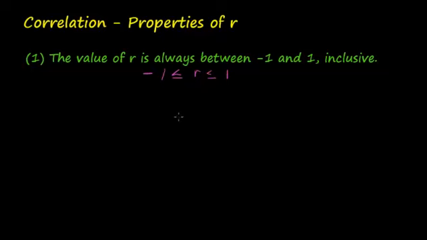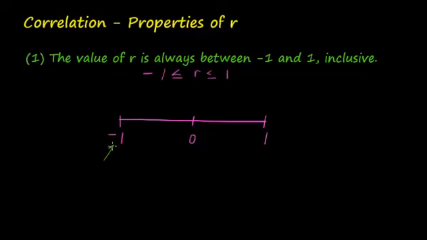So looking at that in a diagram form, we would have -1 here, +1 here, right in the middle is 0, where -1 represents a perfect negative linear relationship.